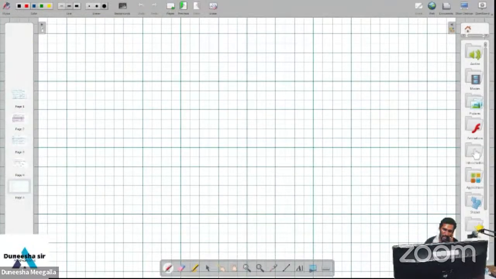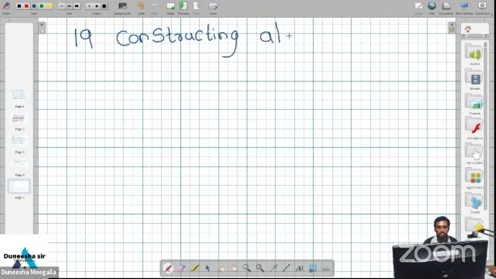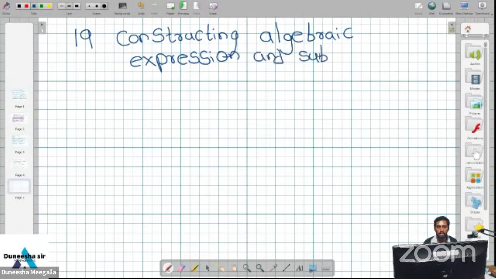I am going to the next lesson today. Constructing, it's 19. Constructing algebraic expression and substituting.